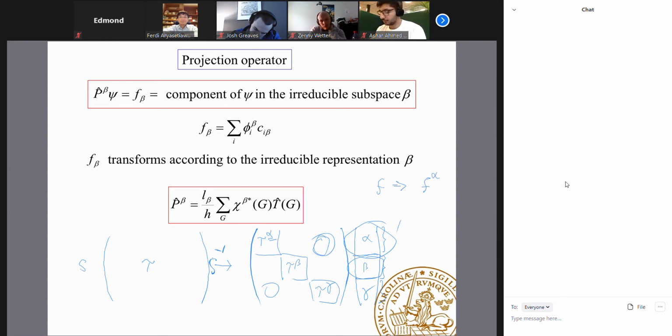Given an arbitrary function or vector, we want to classify or decompose this function into the various components in the different irreducible representations. And this is the main point about the projection operator. So let's see how we construct this.